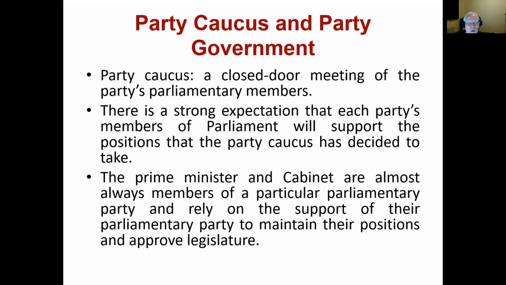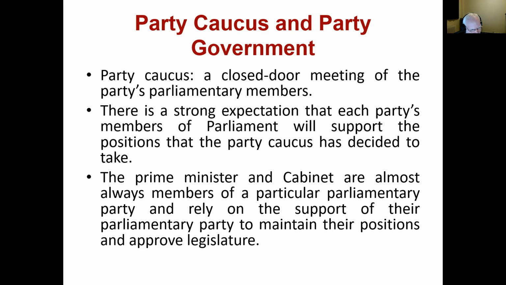That's usually on closer votes or votes that are of considerable significance or importance for the party. In Canada, they're typically referred to as whipped votes, or in many parliaments as whipped votes, where there'll be a lot of pressure and you're expected to vote with the caucus.